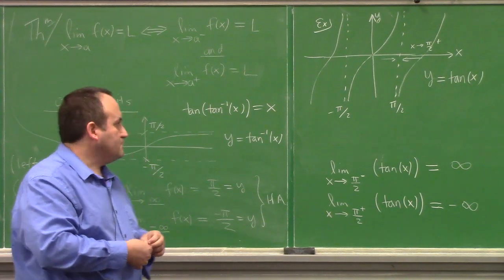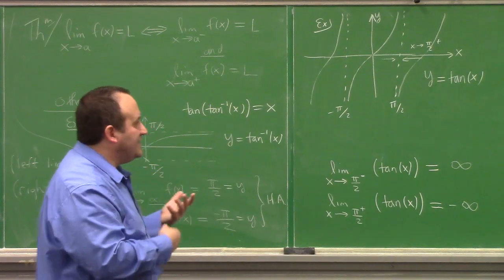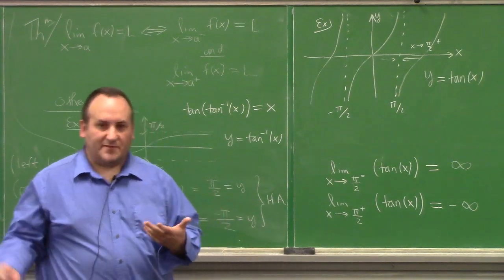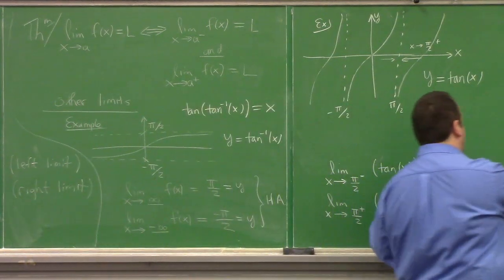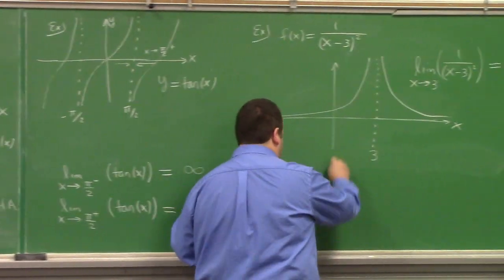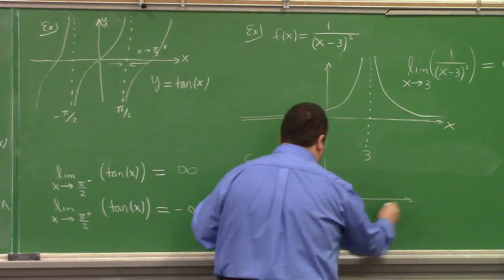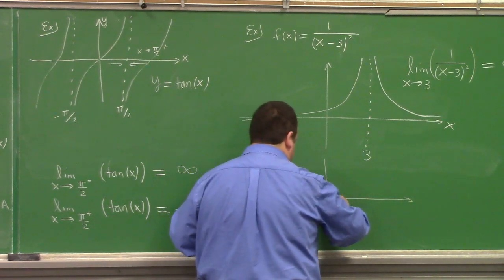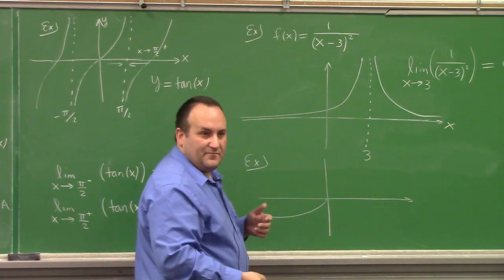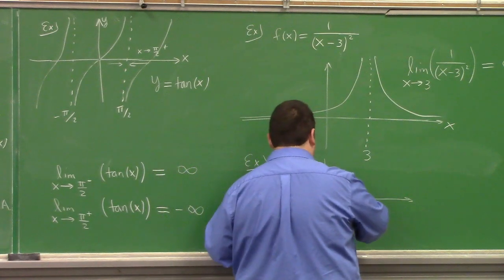Now, there are other, weirder things that can happen. Here's one. There are functions that look like this. As you go to 0, from one side it looks like that, but from the other side it looks like this.